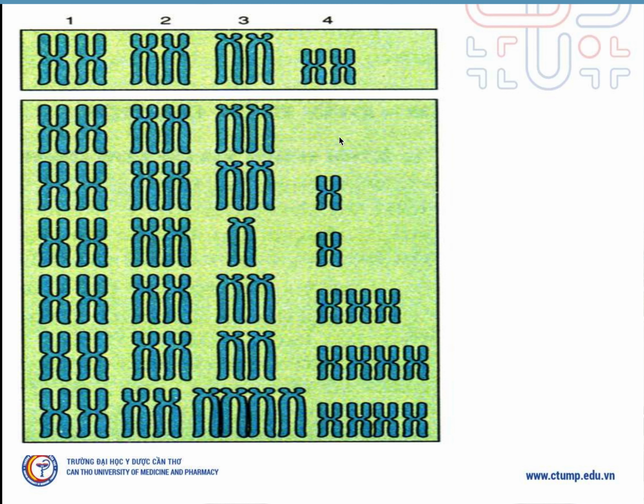In the first case here, they are lacking both chromosomes of a pair. And so you call this one nullisomy. In the second case here, you see they are lacking just one chromosome, and so you call this case monosomy.